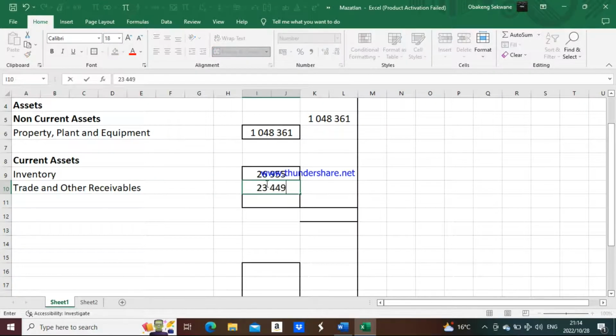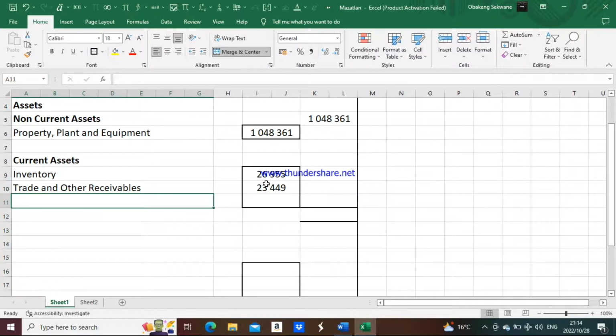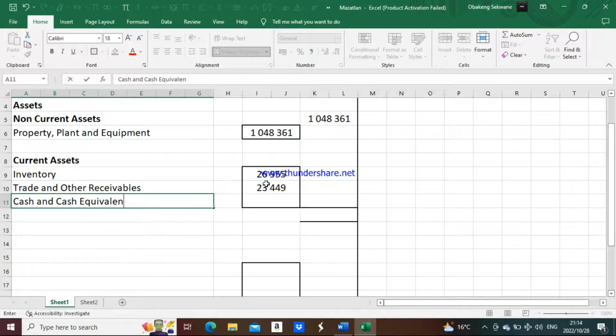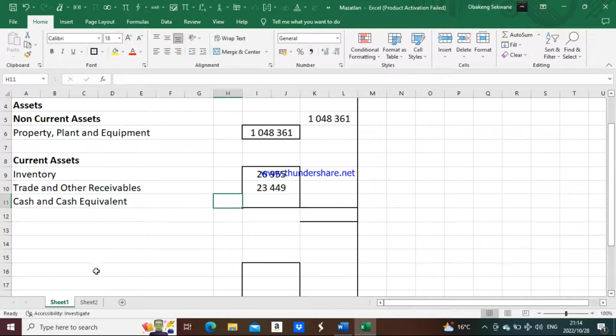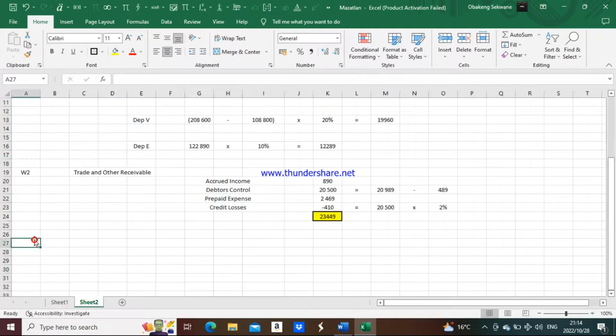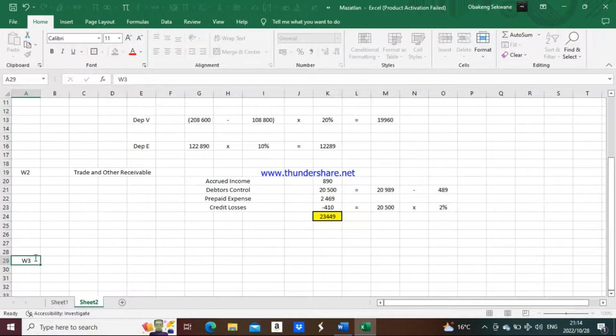Then we have our cash and cash equivalent. This one is much more basic.